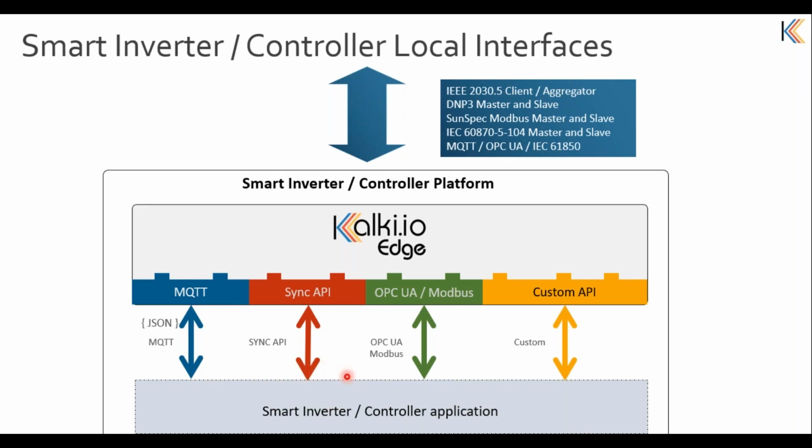So using any of these interfaces, data can be collected by the edge. This edge can sit inside the gateway, inside the other devices, or in a gateway external to the other device.